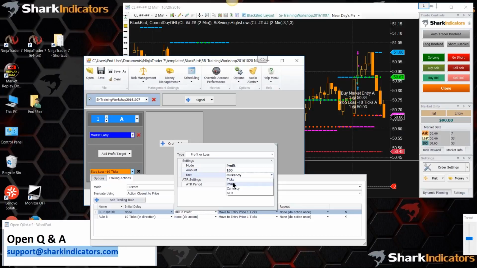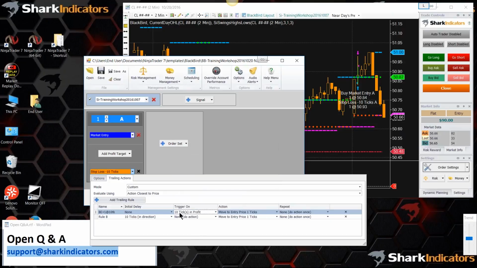Instead of currency, we could set this to ticks and wait for 10 ticks in profit, then move our stop loss to the entry price plus 1 tick. Both of these rules will only fire off once because our repeat is set to none.